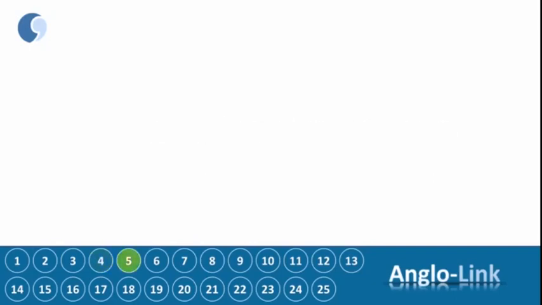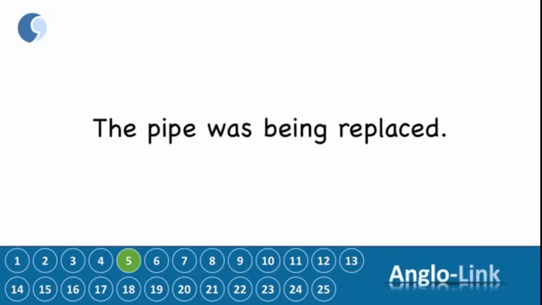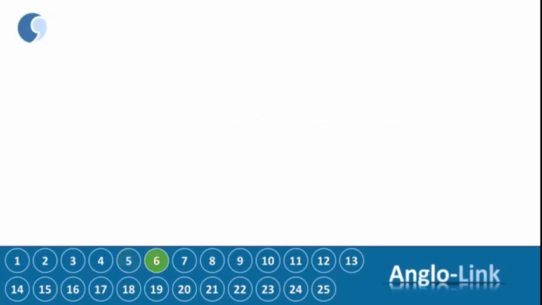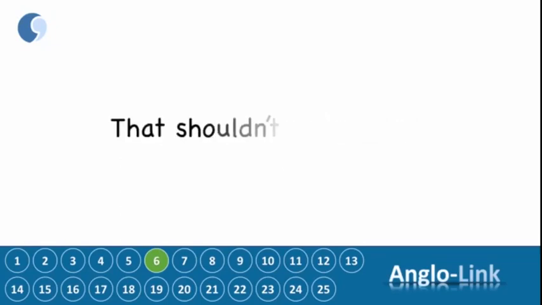Number 5. The plumber was replacing the pipe. The pipe was being replaced. Number 6. They shouldn't allow that. That shouldn't be allowed. Number 7.